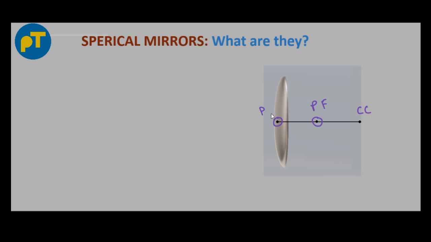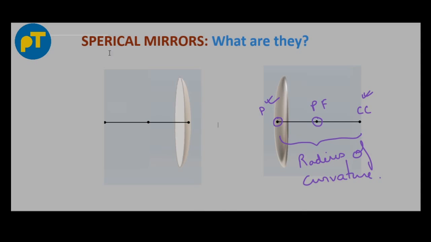The distance between the pole and the center of curvature is known as the radius of curvature. I'll show you the concave mirror as well. We have the same thing: the center of curvature, the principal focus, the pole, and the radius of curvature, this length, and this is the principal axis.